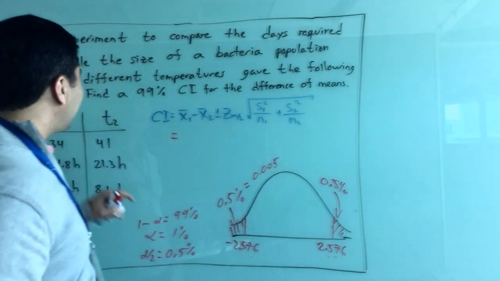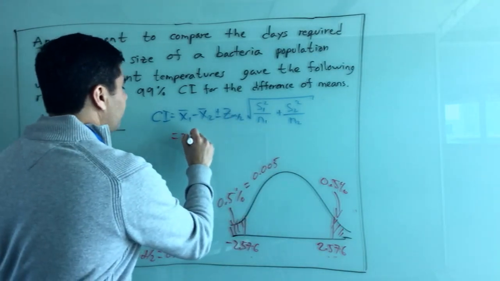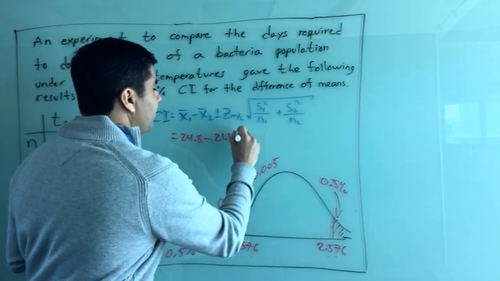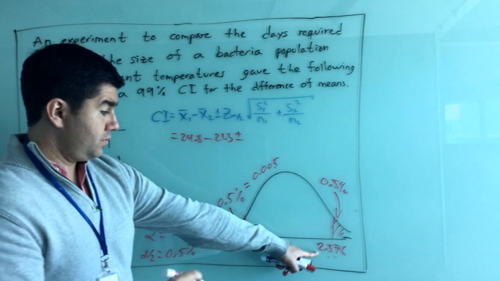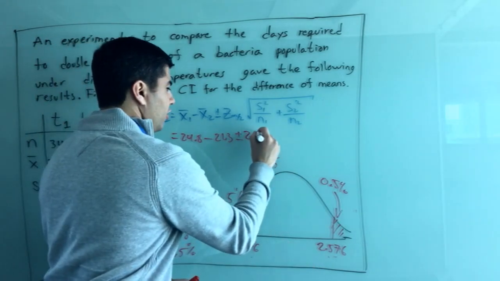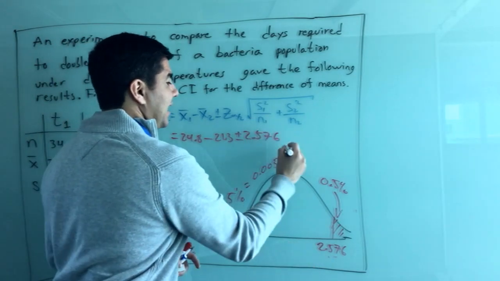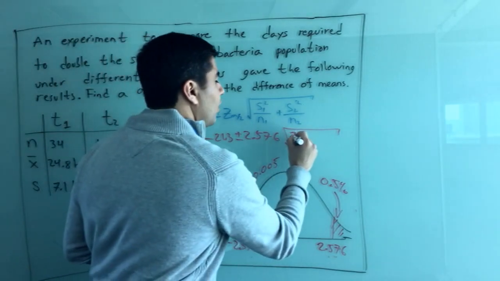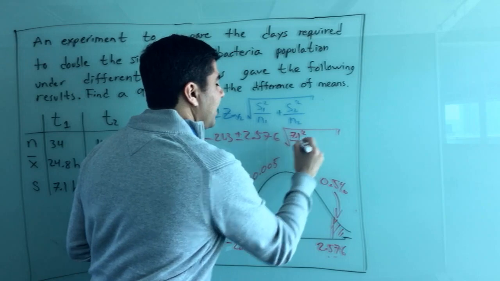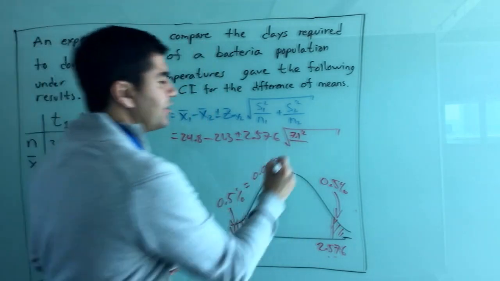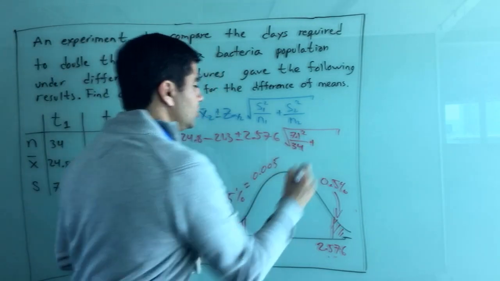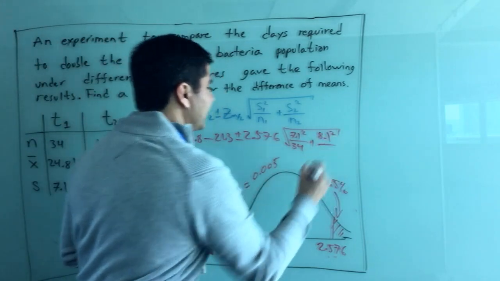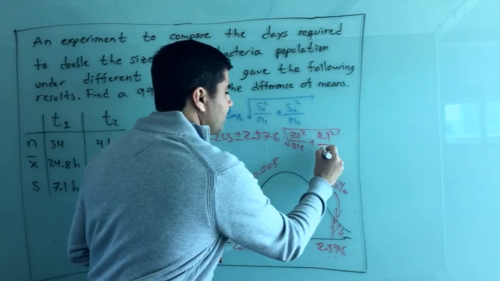I substitute the values, that is 24.8 minus 21.3 plus or minus 2.576 times the square root of 7.1 squared divided by 34 plus 8.1 squared divided by 41.